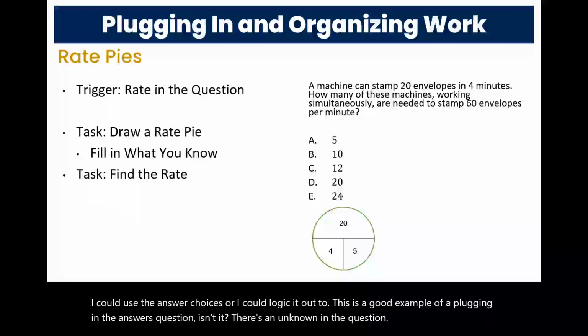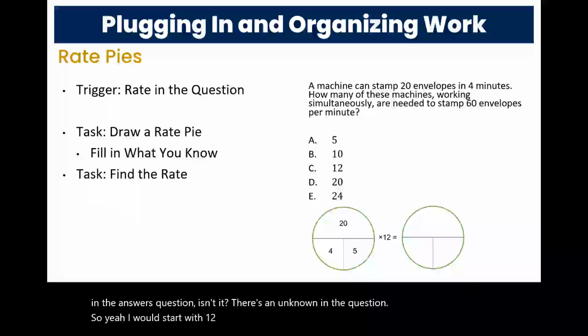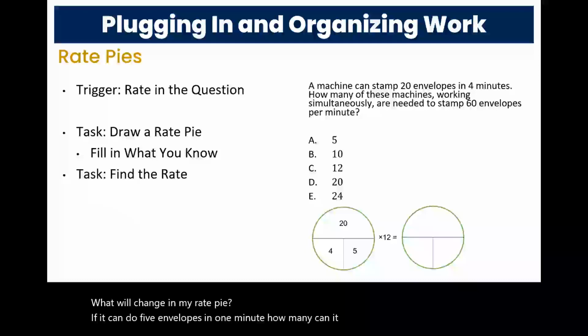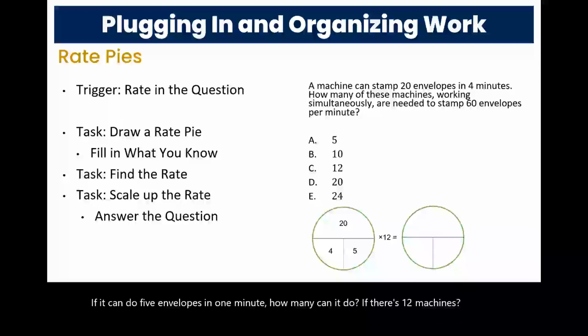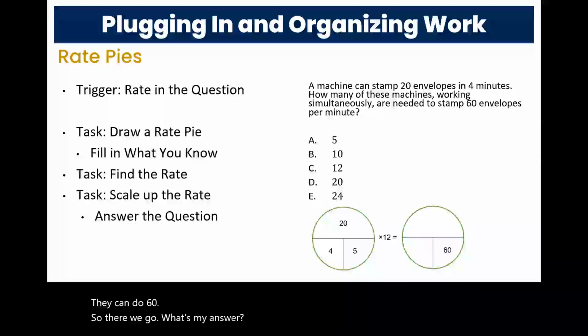So I would start with 12, multiplied by 12. What will change in my rate pie? If it can do 5 envelopes in 1 minute, how many can it do if there's 12 machines? It can do 60. So there we go. What's my answer? C.